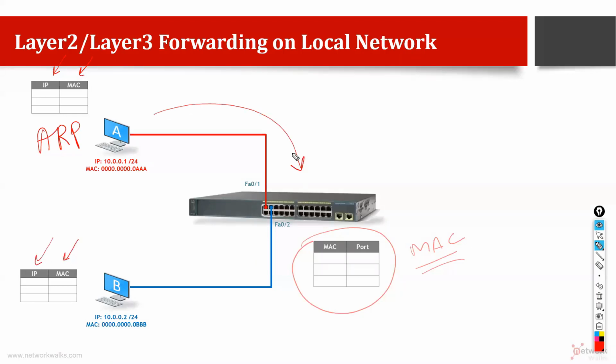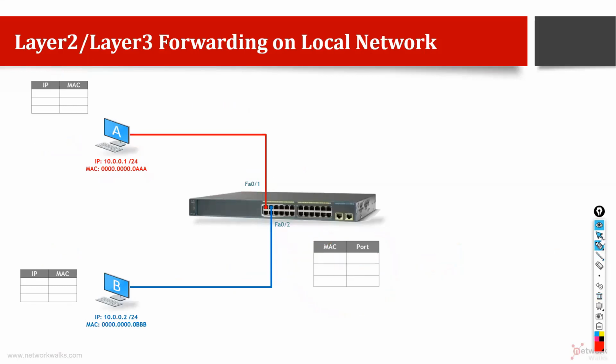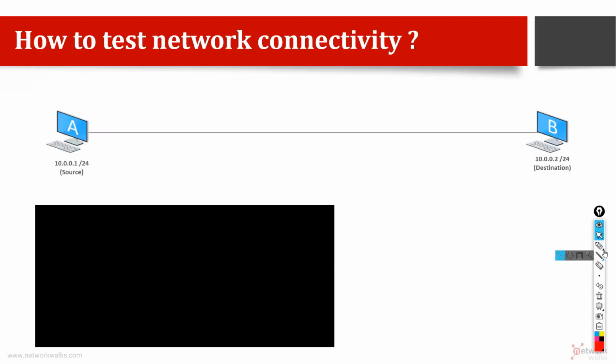When it sends the data, the switch will know that port FA0/1 is bound to the MAC address AAA, so it will write that into its MAC address table. First time it will do the broadcast to everyone, next time it will do the unicast. There is a separate lecture which explains this whole thing in detail, so today I'm not going to go into detail.